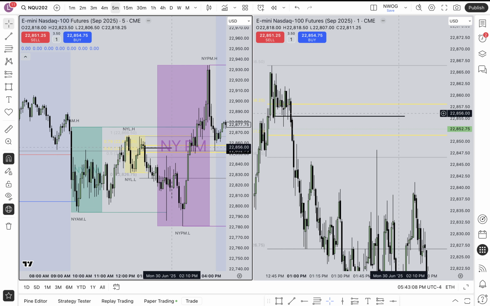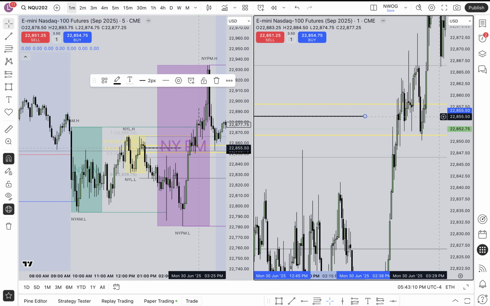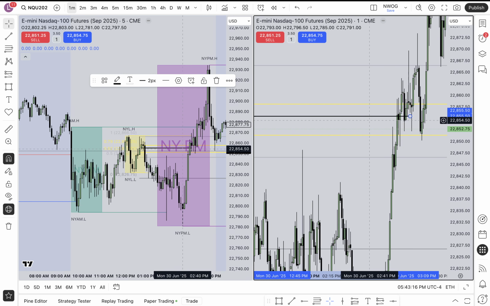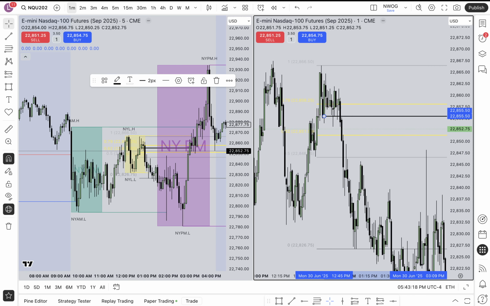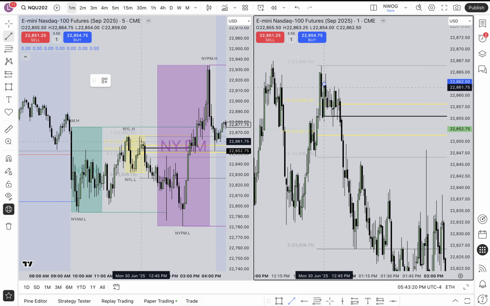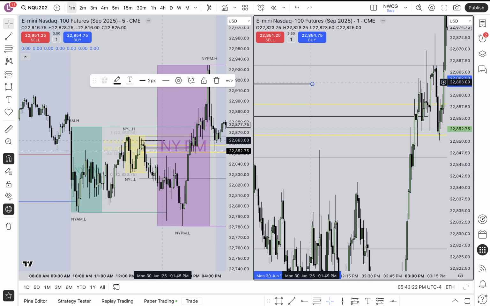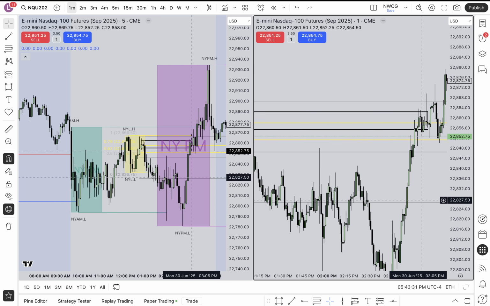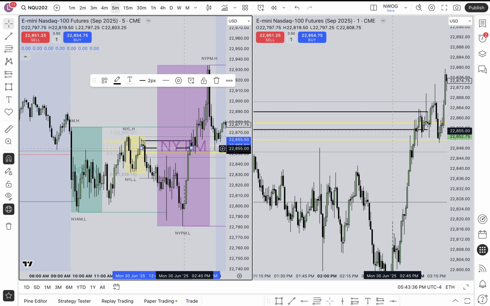It would only right here. Wait, hold on. Let me extend this. Right here, and then that would have just been a losing trade. Right, that would have been the first losing trade.